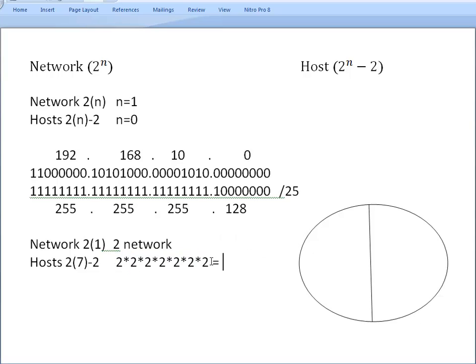So this is 128 minus 2, 126. So if we borrow one bit, we get 126 hosts per network. So we will get 2 networks, and each network is going to get 126 hosts. Excellent. The way we did that is to find out how many networks we get if we borrow one bit.